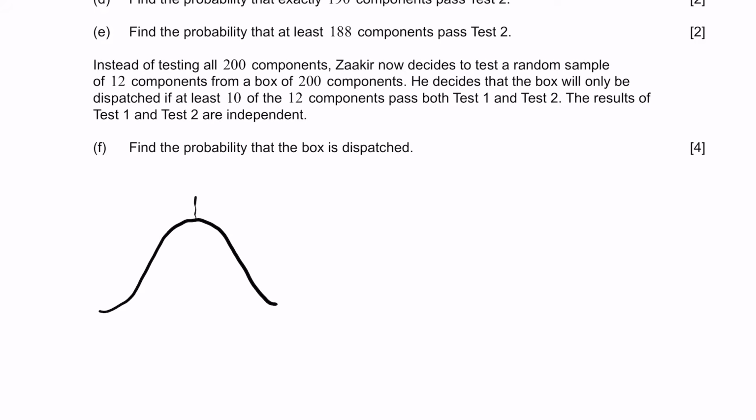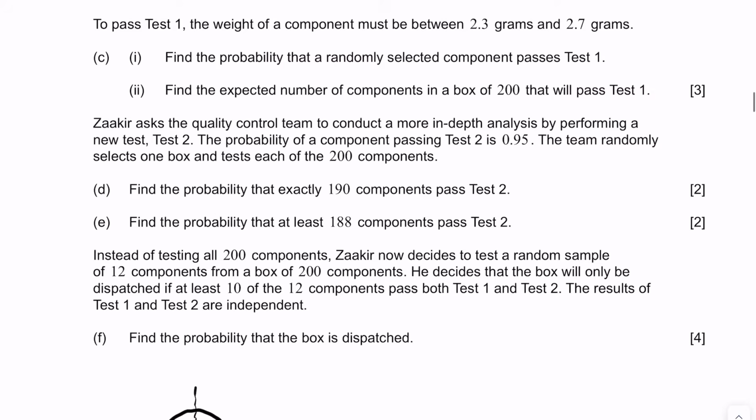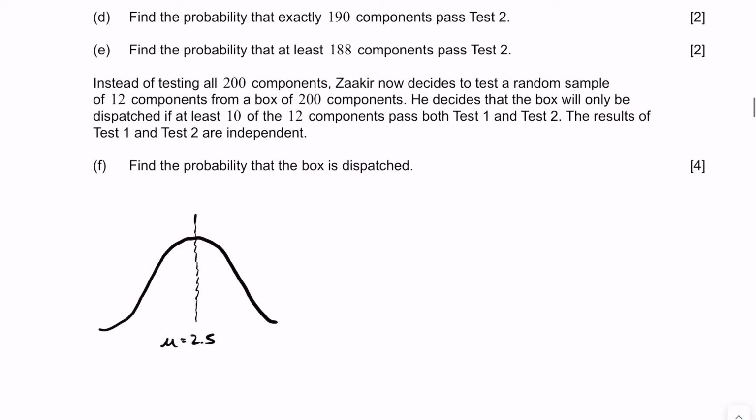All right. So once again, the mean is equal to 2.5, and in this case, we want to find the probability that a component is between 2.3 and 2.7. So let's put the lower bound of 2.3 right here, and the upper bound of 2.7 right here.